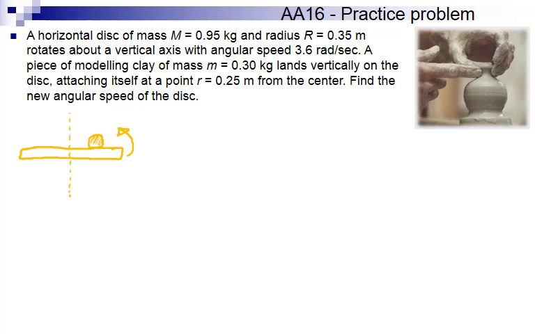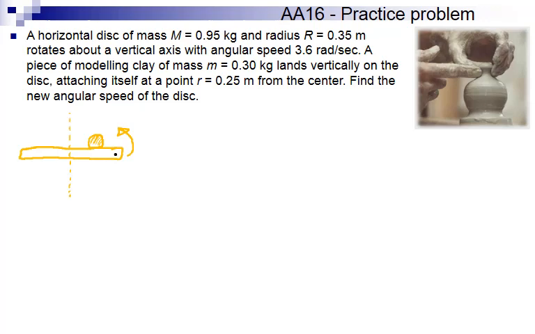So we know that momentum is conserved as long as there's no outside forces, right? So we can consider this mass and this disk, the momentum being conserved before and after, and therefore we can find the new angular speed because of this change.